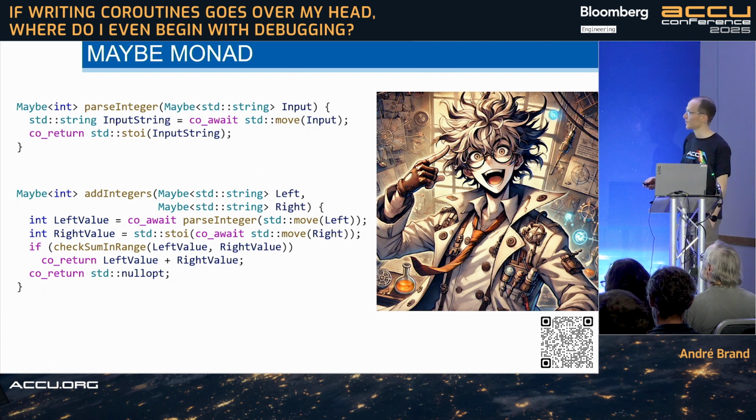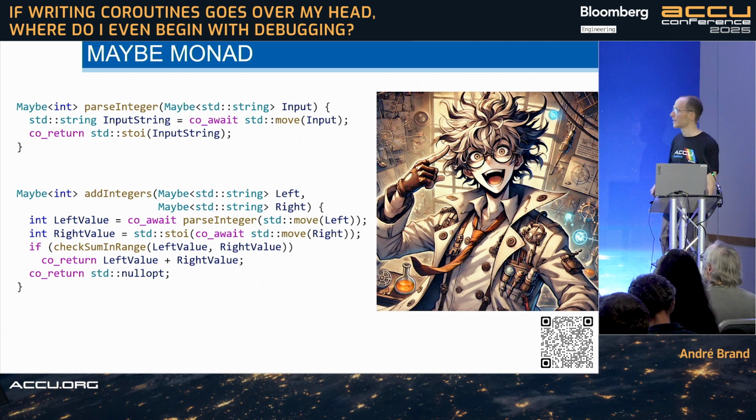And it composes well. So in the second example, we first evaluate all the values, check if the values are in the range, and if so, we calculate the value, and otherwise we return an empty optional.